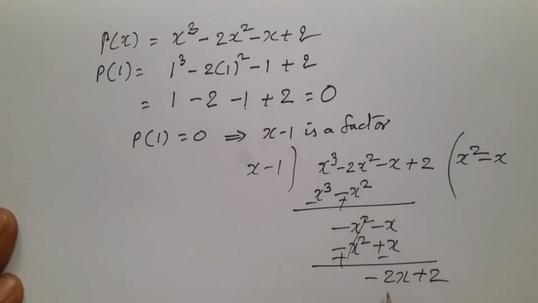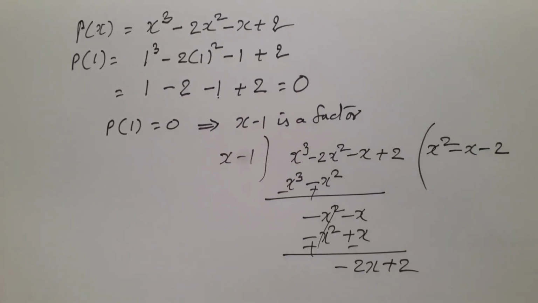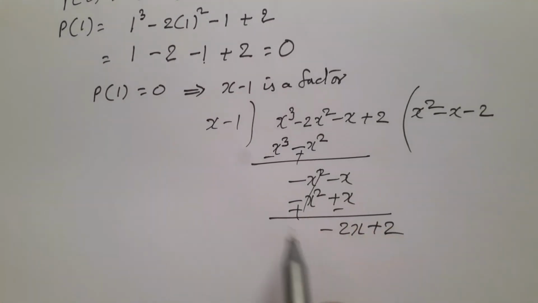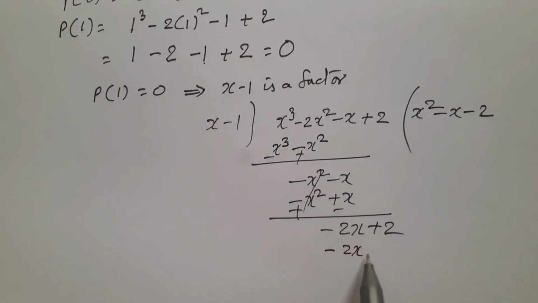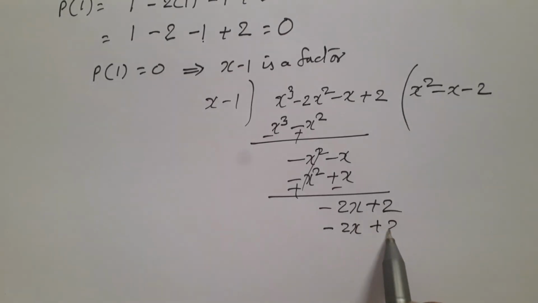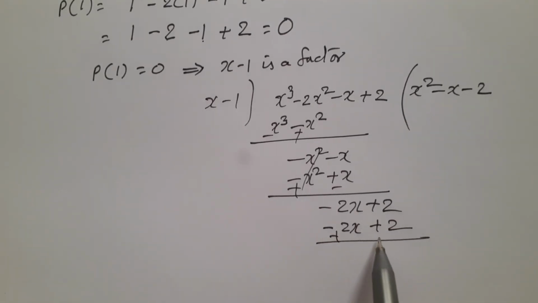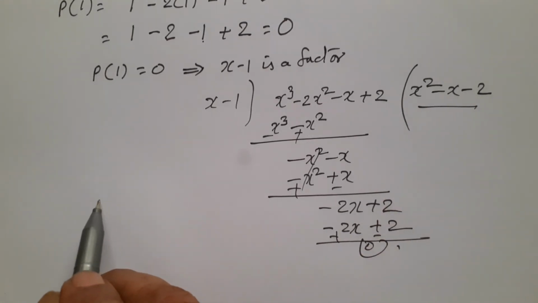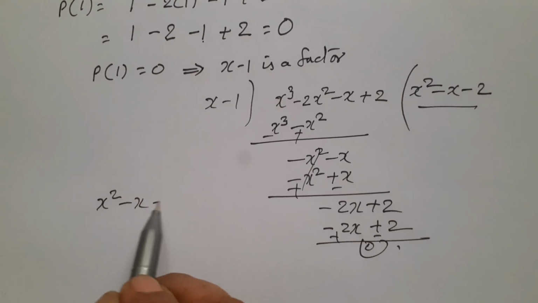Now minus 2 times x minus 1 gives minus 2x plus 2. So we get the remainder 0. So now we get a quadratic expression, that is x square minus x minus 2.